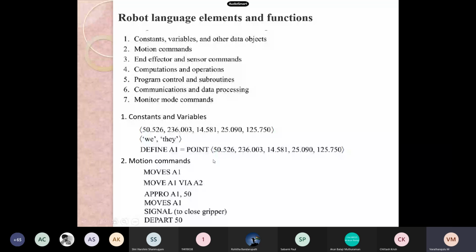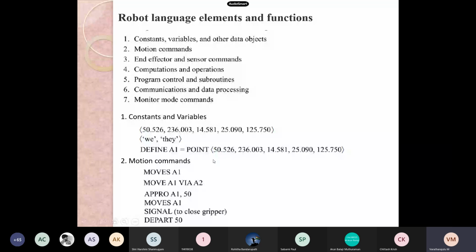The usual interpretation is that three values, 50, 236 and 14, are used to define the position with x, y, z coordinates. The remaining two values define the degrees with respect to the wrist joint. And then we will move to the motion commands.